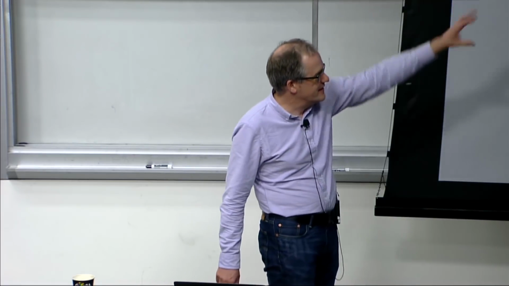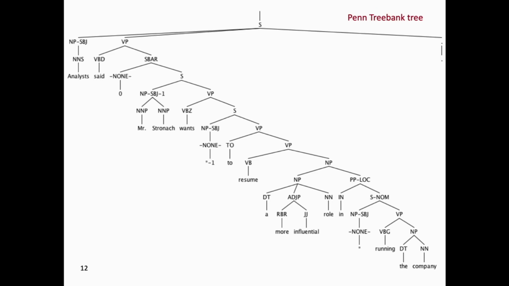So that's a sense in which it does appear to be a recursive generative process, even though practically there are limits to how complex sentences people say. And that's the kind of structure that gets captured in these constituency structure trees.